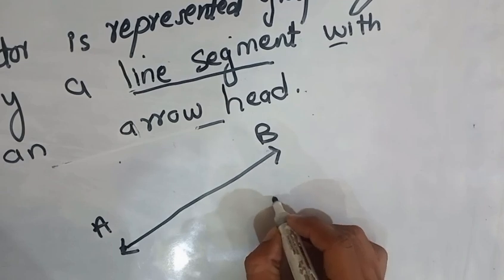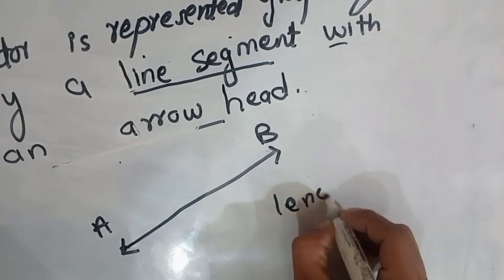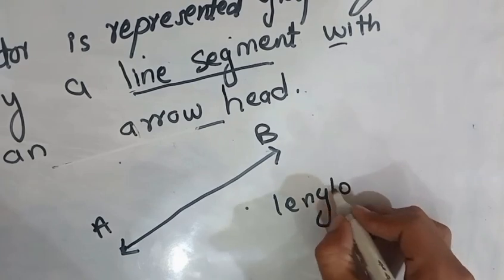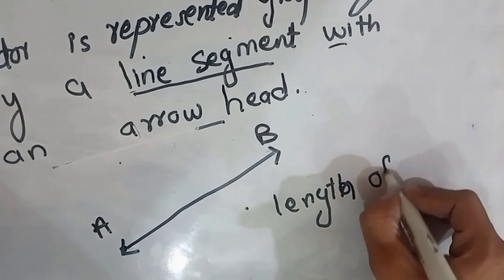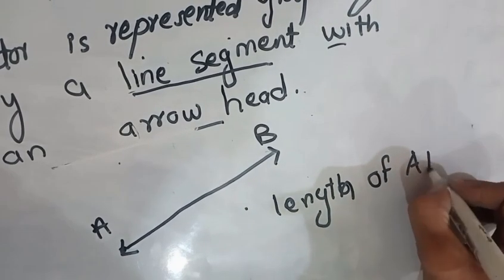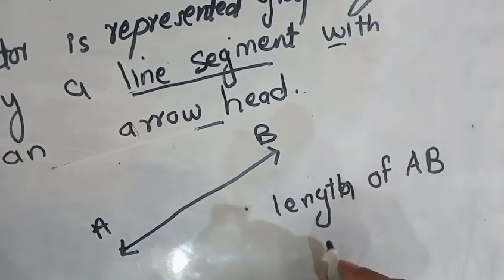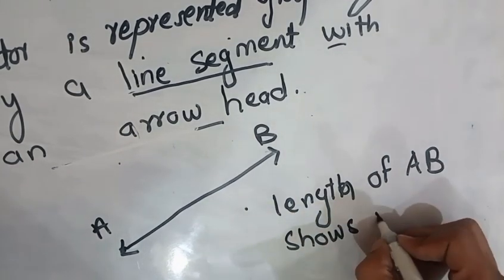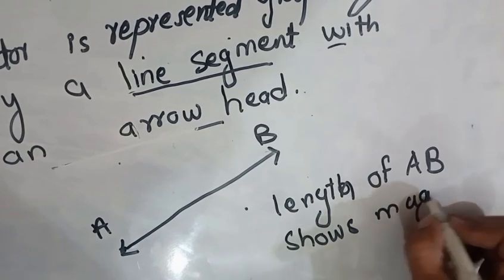Here the length of AB shows the magnitude.